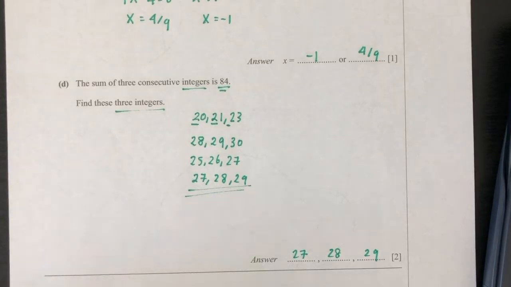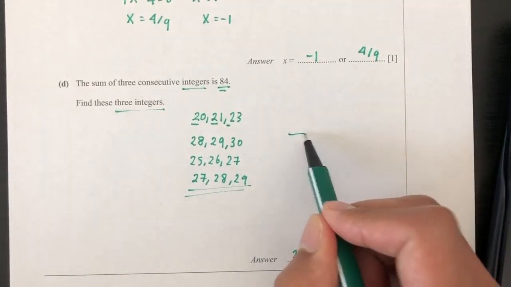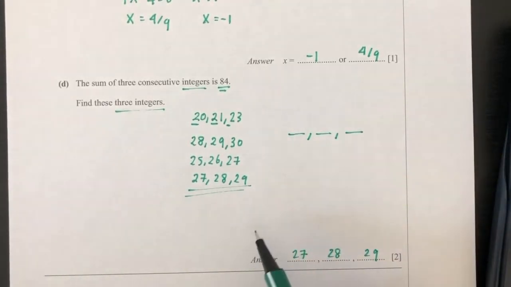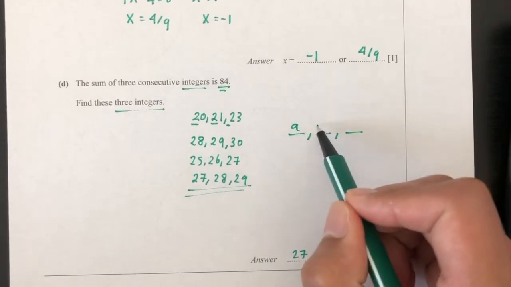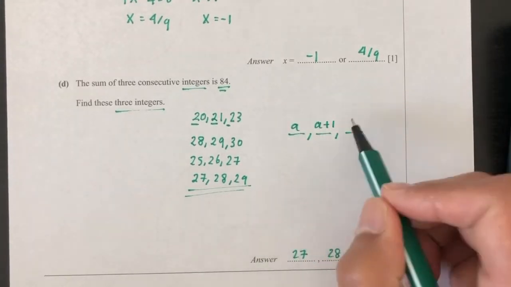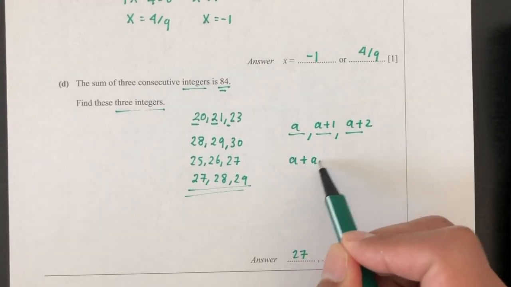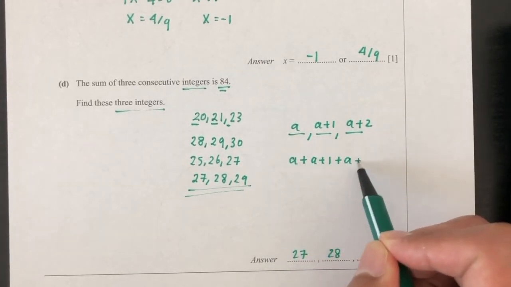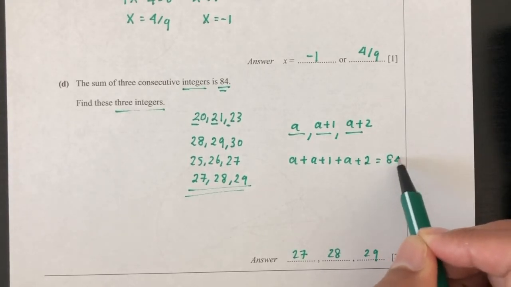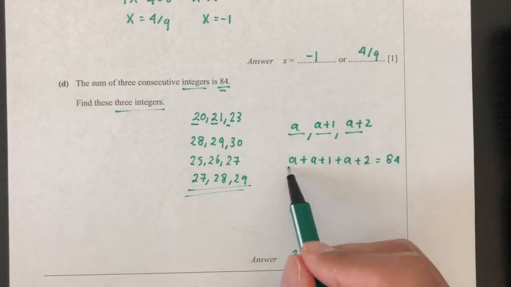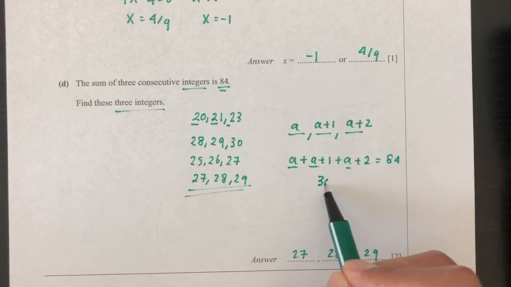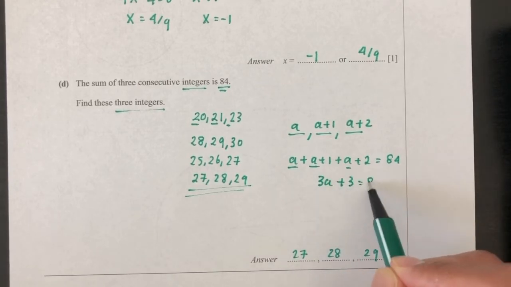Another method is, let's say you don't know the three numbers. If the first one is a, this one will be a plus 1, and this one will be a plus 2. So you know that a plus a plus 1 plus a plus 2 is equal to 84. Find the value of a. That will be 3a plus 3 equal to 84.